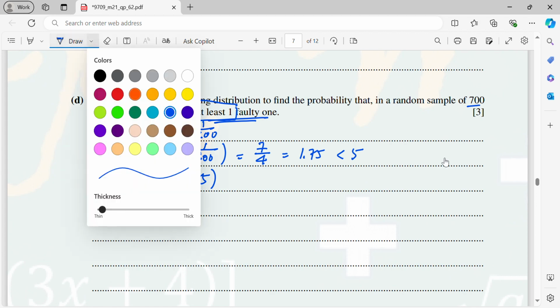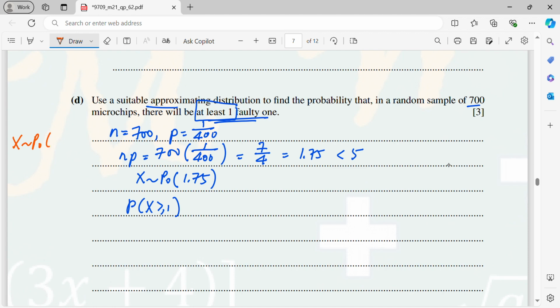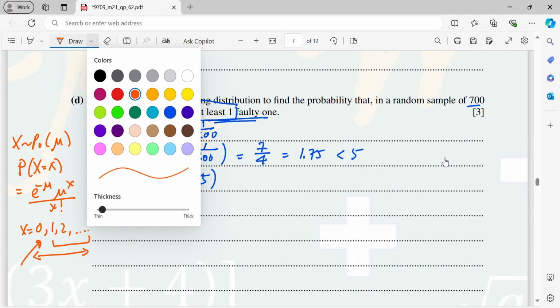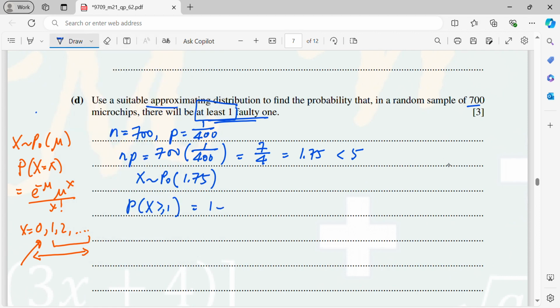For your information, when X is Poisson distributed with mean mu, the probability of X equals x is e to the minus mu times mu to the power x over x factorial, and the x values will be 0, 1, 2, 3 until infinity. Since at least 1 means all of these, we do not know when to stop. Therefore, I will use total probabilities, which is 1 minus P(X = 0).